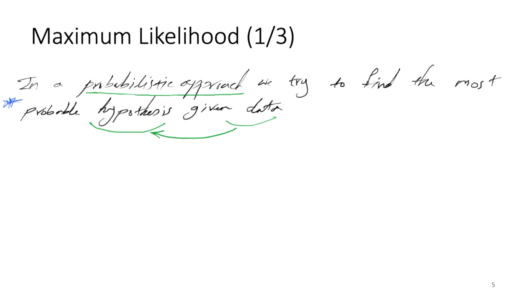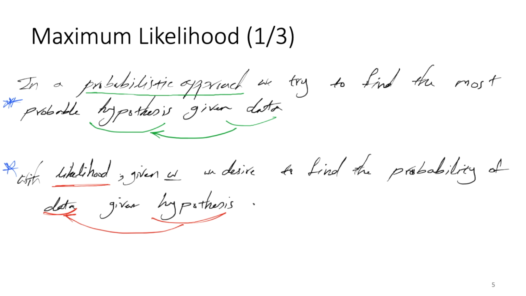So the other way around. With the likelihood, given our vector W, we desire to find the probability of the data given a hypothesis. We are going an inverse path, a reverse engineering, to define another metric called maximum likelihood.